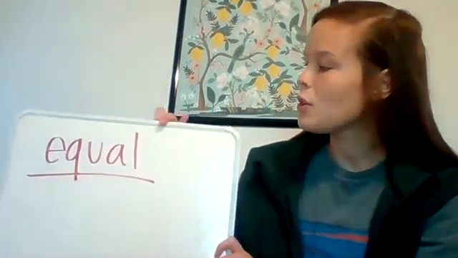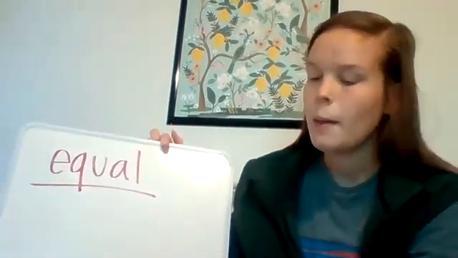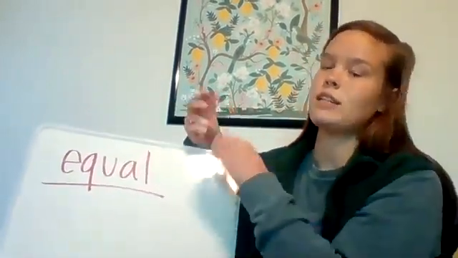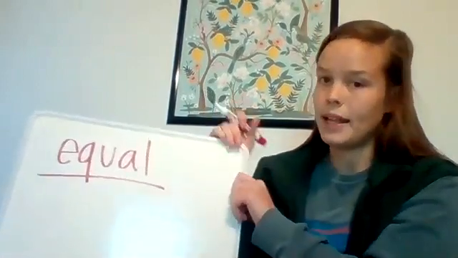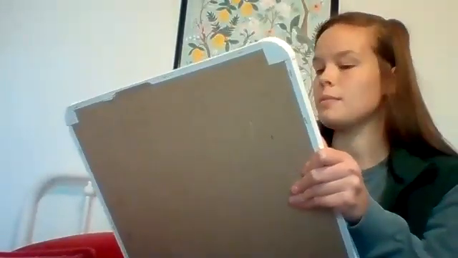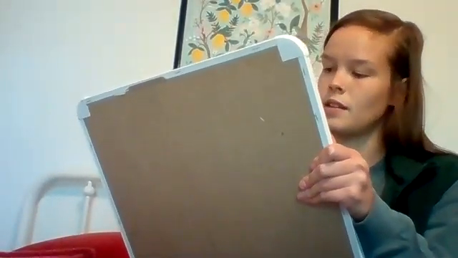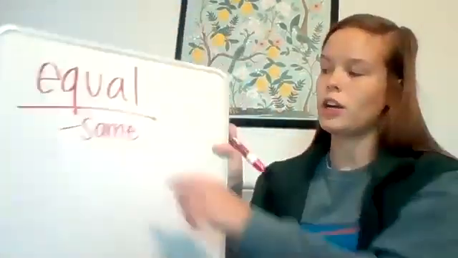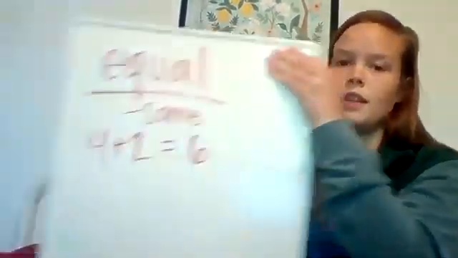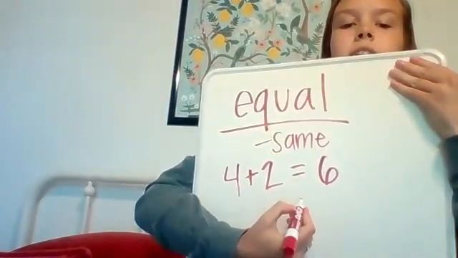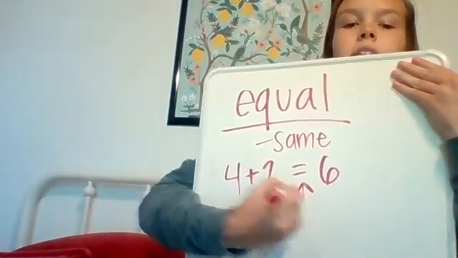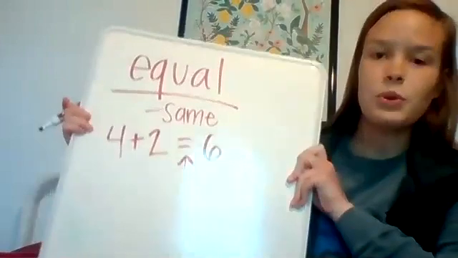So the word equal means that they're going to be the same. We have used the word equal before. When we write equations, we put an equal sign. See, right here, that's our equal sign.